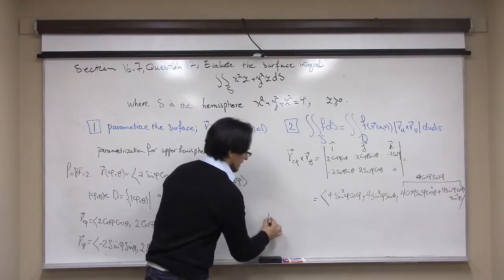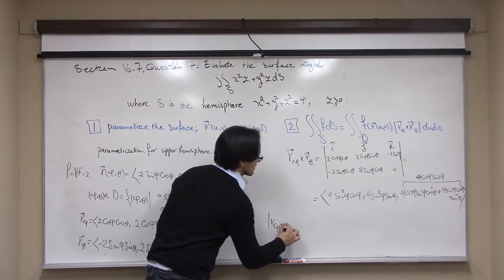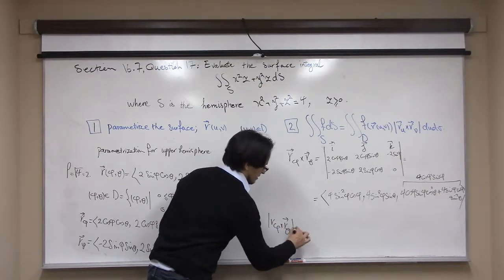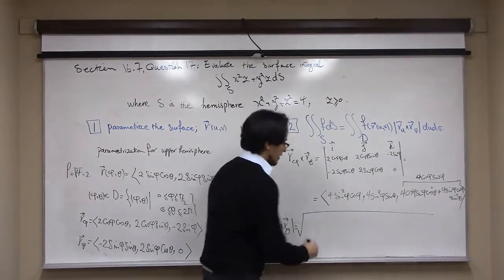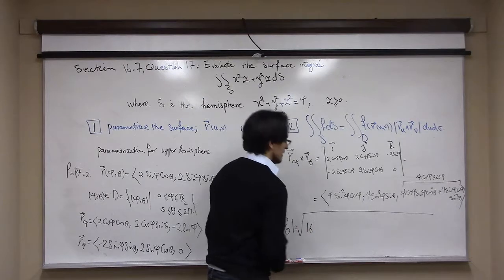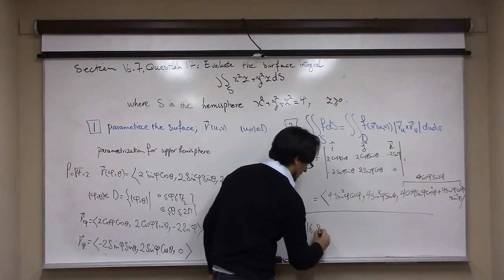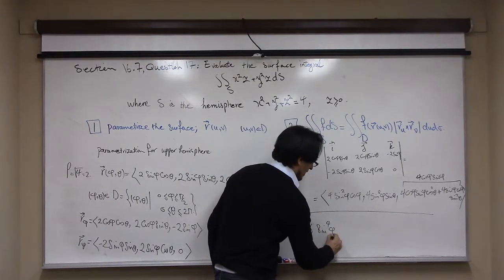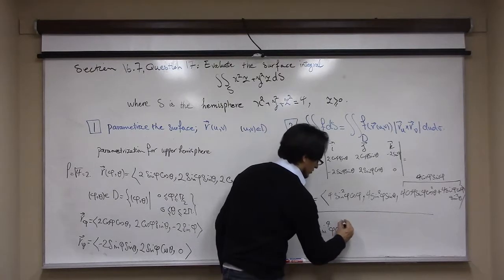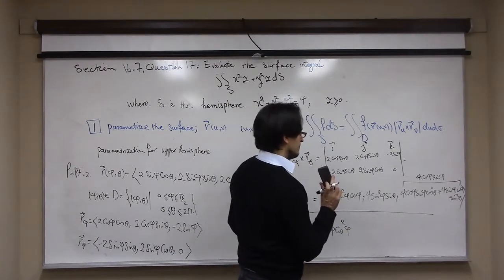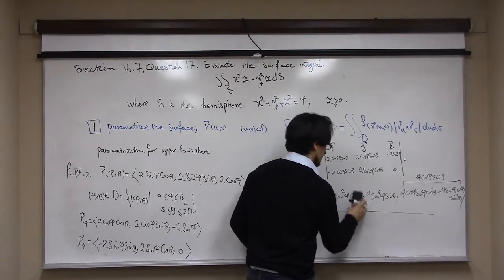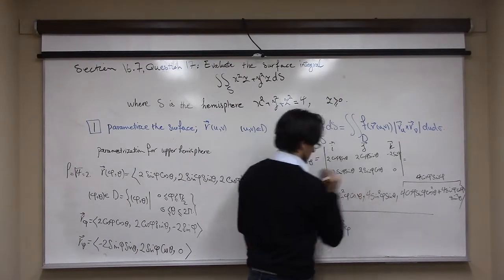Okay, now let's find the length of this cross product. This squared, so it is 16 times sine to the power 4 phi cosine to the power 2 theta. This is theta.